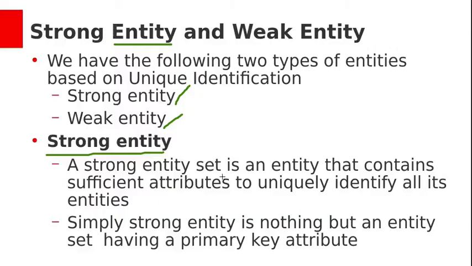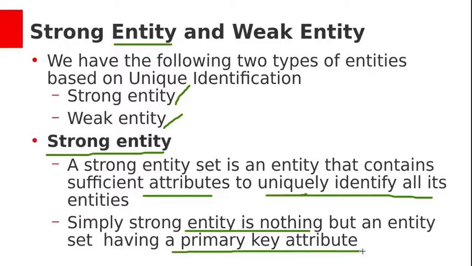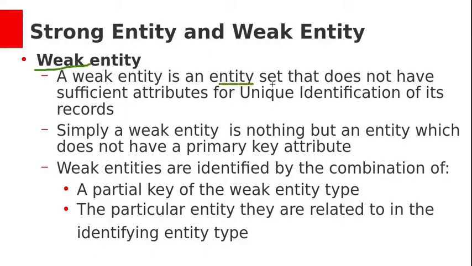A strong entity is an entity that contains sufficient attributes to uniquely identify all its entities. Simply we can say that a strong entity is nothing but an entity having a primary key attribute. Weak entity. It is an entity set that does not have sufficient attributes for unique identification of its records. Means it doesn't have a primary key attribute.